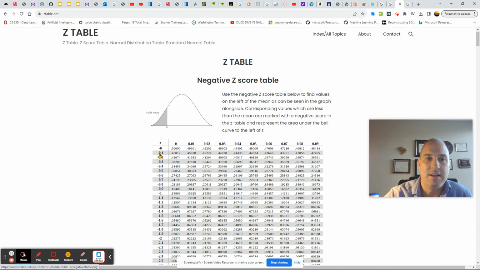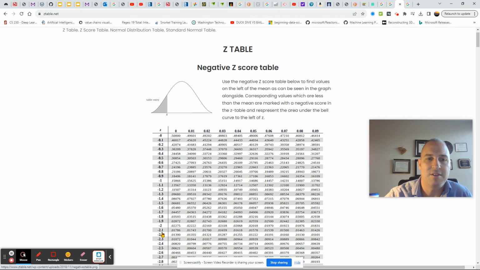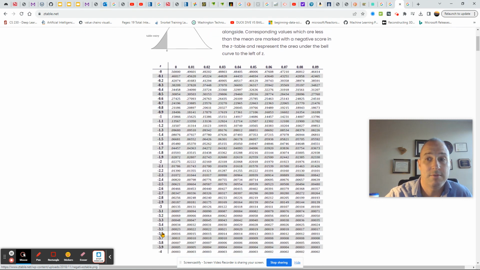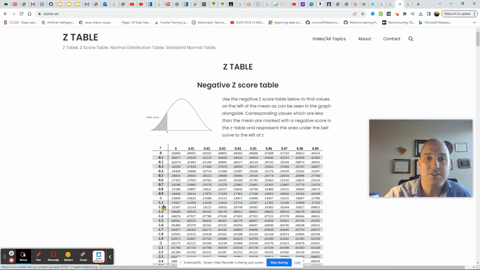The rows give the first decimal; you see it's negative 0.1. Do you notice that all of these rows are just to a single decimal? The second decimal is determined by the column.